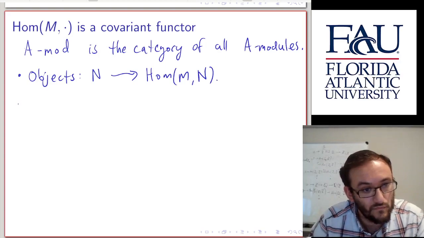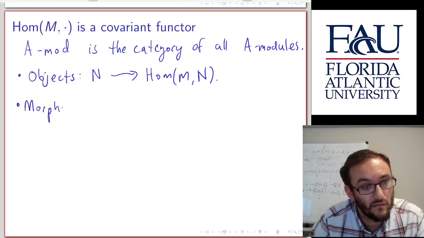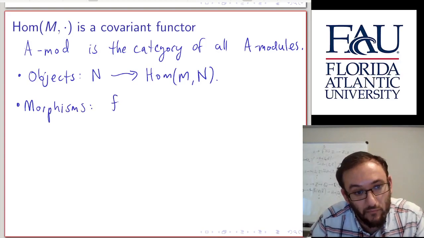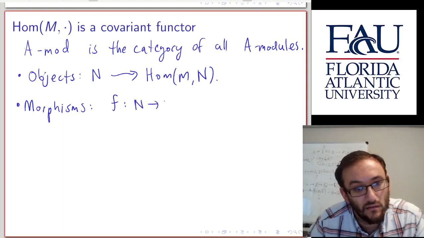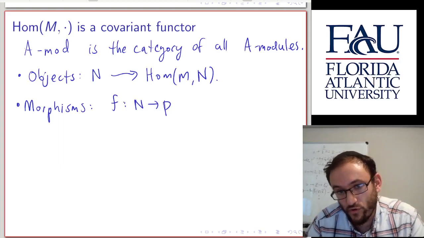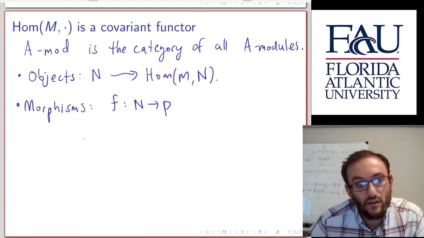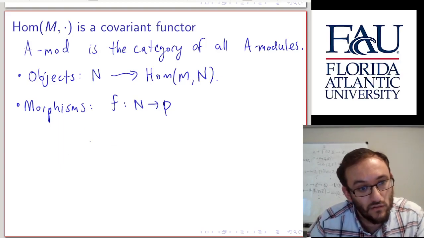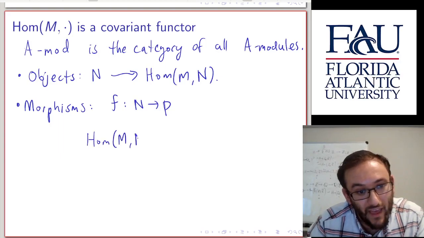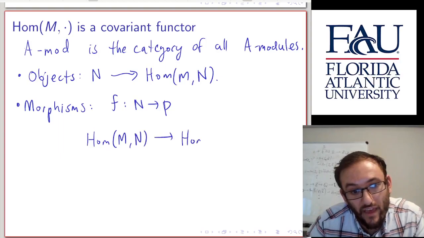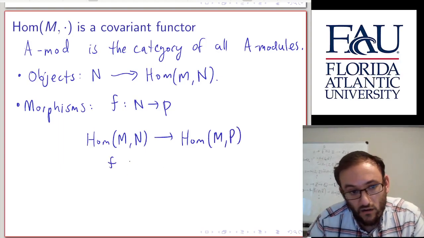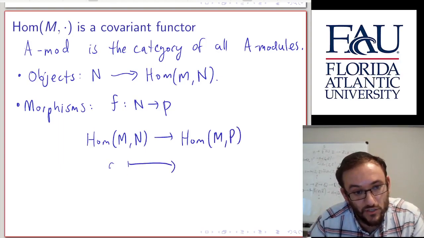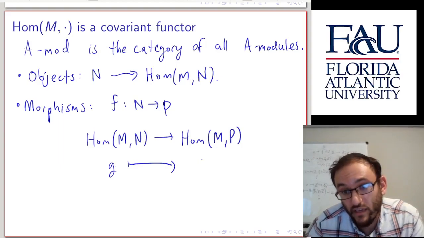Okay, and on morphisms, if you have a map f from, we're already using M, from N to P, and this is assuming this is of course an A module homomorphism, then we can map this to Hom of M, N to Hom of M, P by taking any morphism here, any homomorphism here, let's make it g, and then just post-composing it with f.